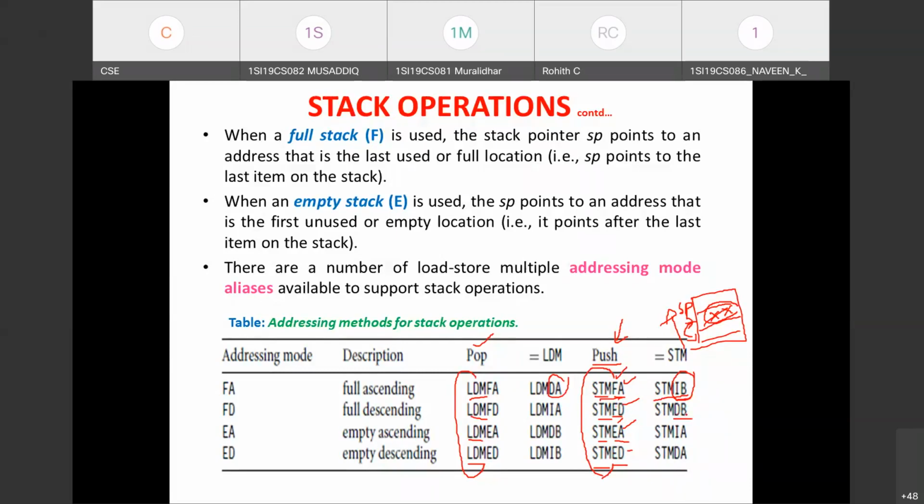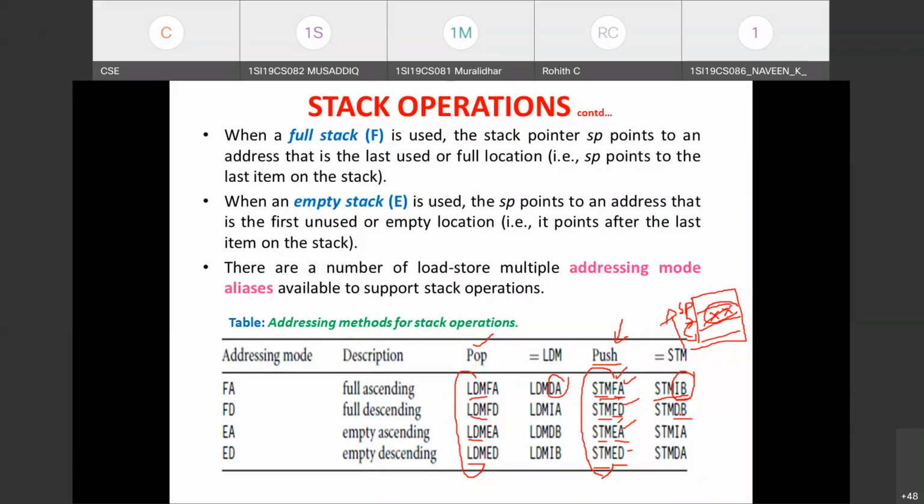It is STM-DB, decrement before. It is full stack, meaning SP is pointing to the last element inserted. It is descending stack, that means the stack grows in the order of decreasing memory address. To perform the push operation with this addressing mode, first the stack pointer is to be decremented by 4 and then the data is to be pushed. So the equivalent STM instruction for STM-FD is STM-DB.